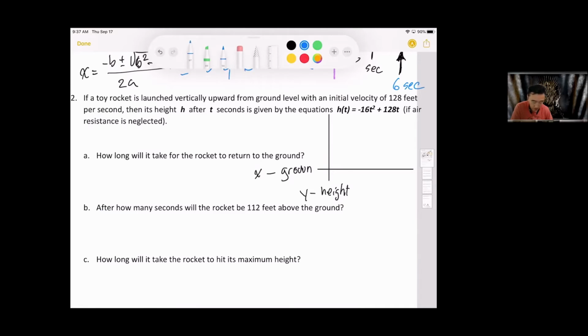So again, it's just time and height. So it's the same thing again. They're asking you for time. Same as last time, time and height.